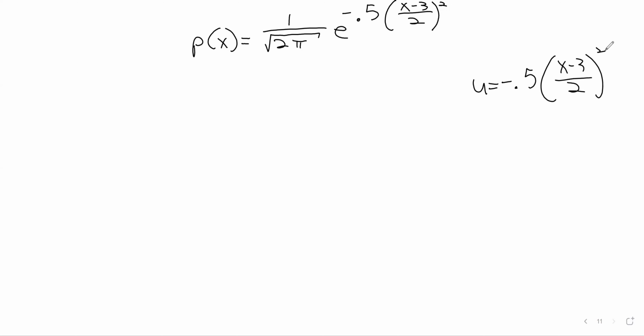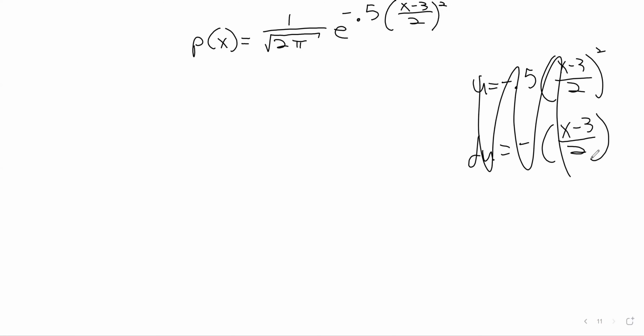If we try it, we get du being negative (x minus 3) over 2. The derivative of the inside function is 1, so I haven't forgotten the chain rule. And then we look and, well, we don't have an x minus 3, and that's that.